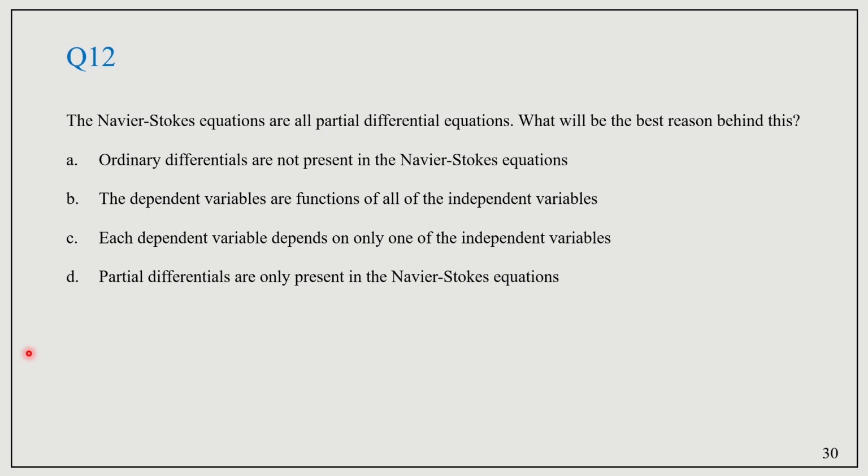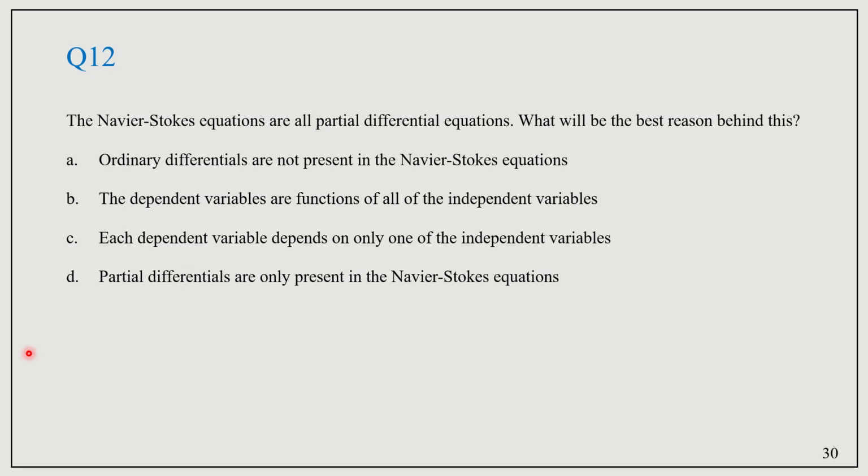It is considered because the motion of the fluid relates the velocity change with respect to not only time but also with spatial coordinates like x, y, z. It involves derivatives with multiple variables simultaneously. It is changing in time, and in the x direction, y direction, z direction.